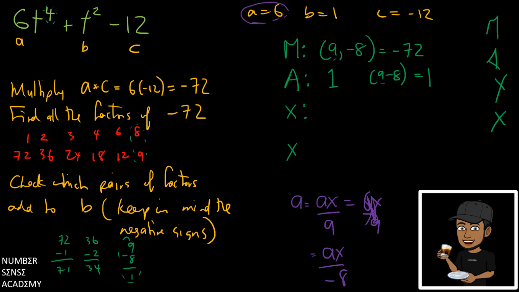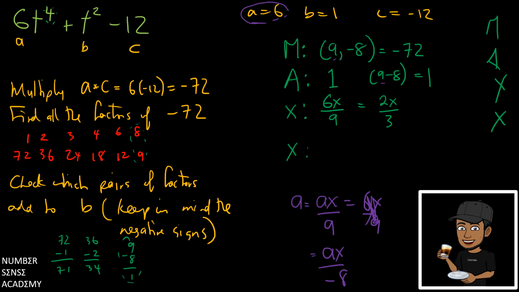So now let's go back to here. A is 6, so I have 6x over 9. And then I'm going to reduce. Okay, reducing is critical. If I divide both by 3, I get 2x over 3.